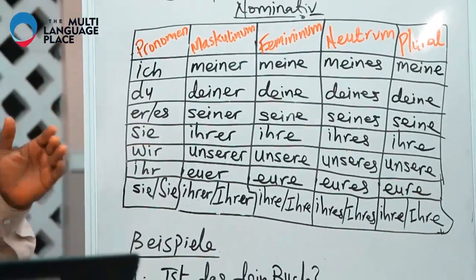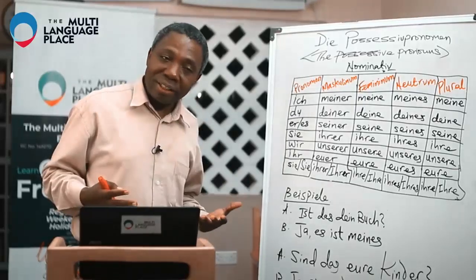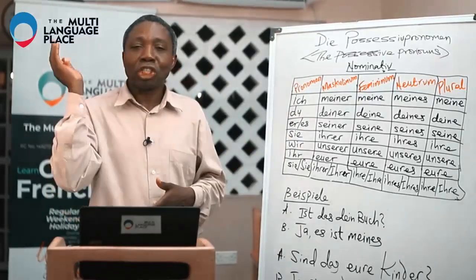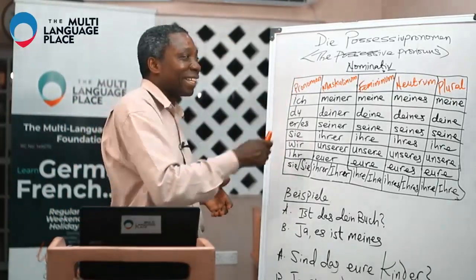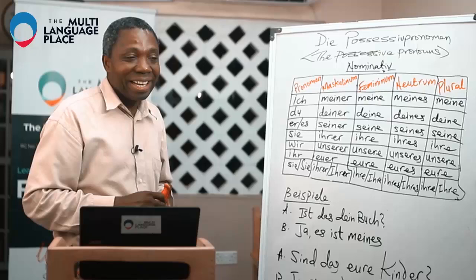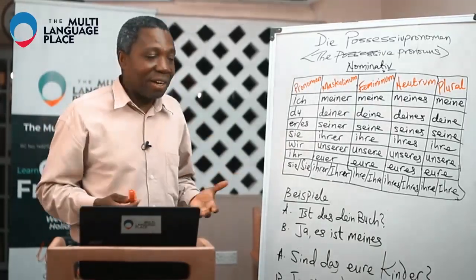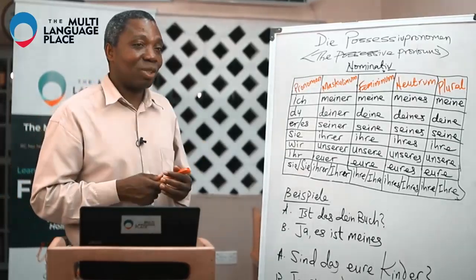The important thing is we do some exercises and give some examples, and from the examples we can really fix it up, how dieses, diesen, diesem and all these things function. But remember, we are still in the nominative case, and if you master the nominative case very well, it's easy to understand what the other cases will look like.